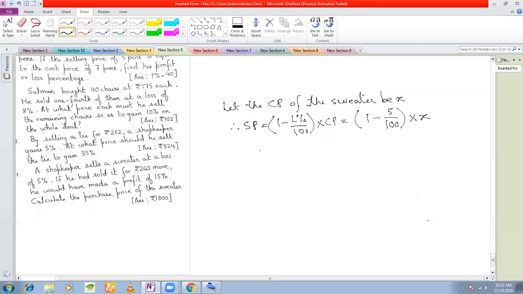Cost price is X. Now you can cancel here. 19x by 20. This is the selling price. And what is the selling price given here? Selling price is given here to be 260. So therefore this 19x by 20 must be equal to 260.